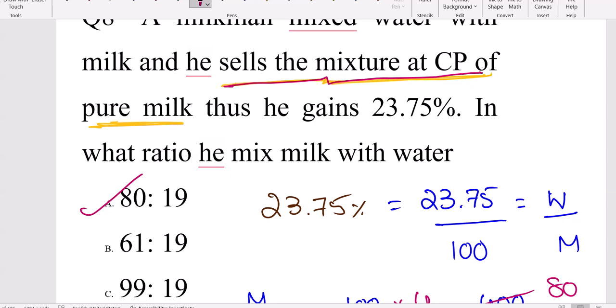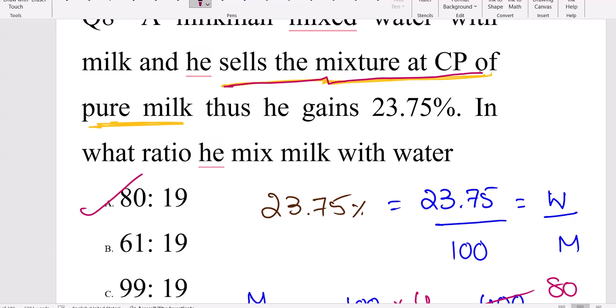He added water and is now selling the mixed quantity for 80, but still gaining a profit. In this case, my condition failed. I am repeating that, don't apply this every time. I must and should require this condition: the selling price of the mixture must be equal to the cost price of milk.